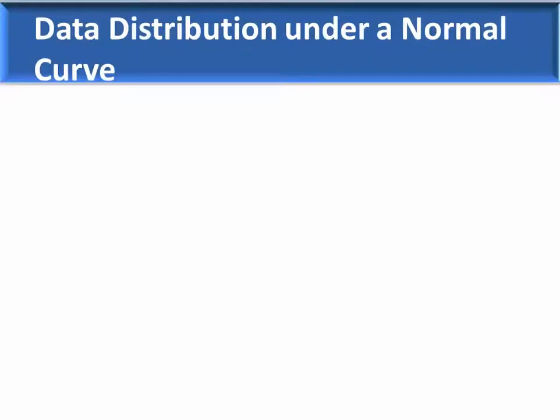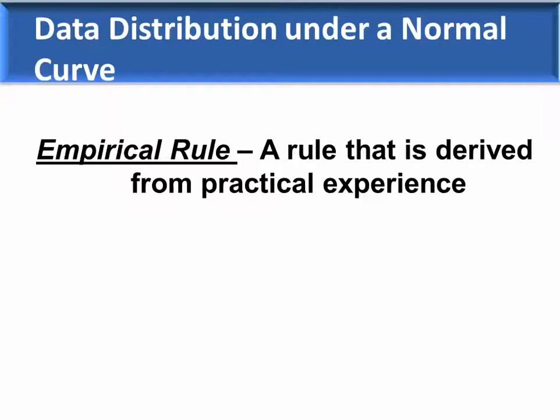So one of the most powerful things to understand about these normal curves is that, because they're symmetrical, we can apply the same rules to these curves as far as data distribution, to understand percentages and how the data lies underneath there. And we can do this using something called the empirical rule. It's a rule that's derived from practical experience.